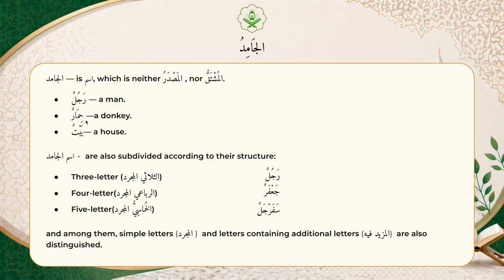They're ism by themselves, basically nouns, right? اسم الجامد also have their ثلاثي مجرد, رباعي مجرد, and خماسي, and this is the only type that has خماسي, the 5 root letters, like سفرجل. سفرجل is a quince, the fruit. So they have مجرد and they also have مزيد فيه.